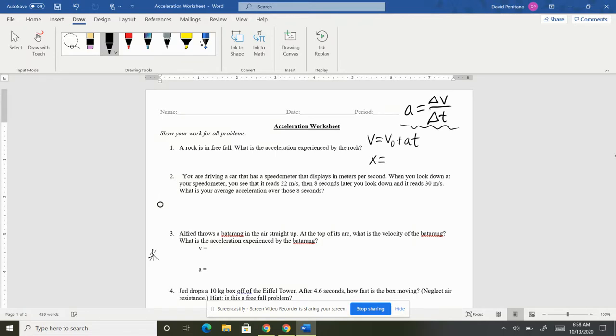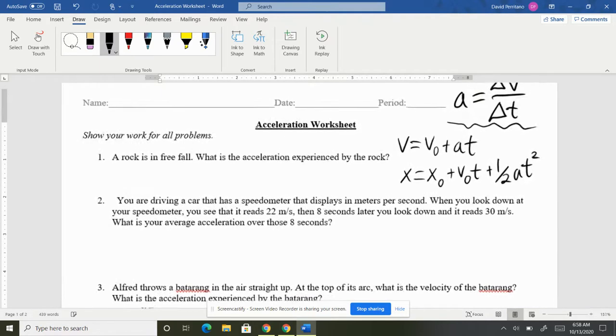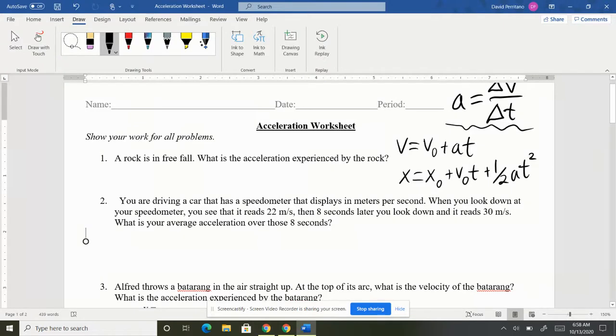Position equals initial position plus initial velocity times time plus 1/2 AT squared, where the acceleration is multiplied by the time, that same time from over here, but this time that time is squared. Okay, and we're going to use each of these three equations as we do some example problems.